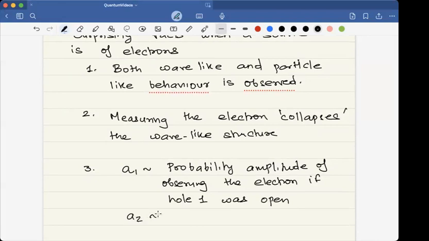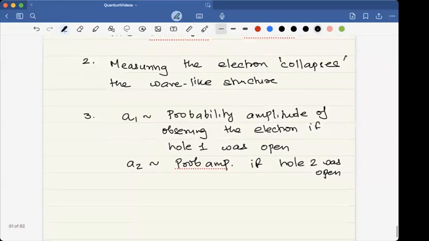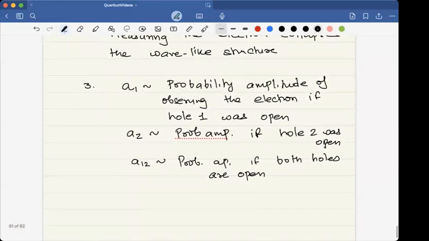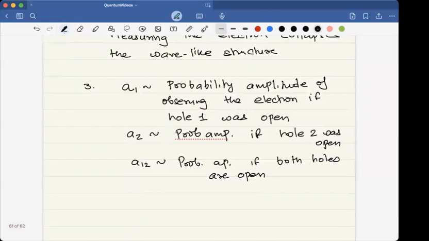And similarly, A2 is the probability amplitude if hole 2 was open. And A12 is the probability amplitude if both holes are open. And so the interference patterns are created by these probability amplitudes adding and subtracting from each other.